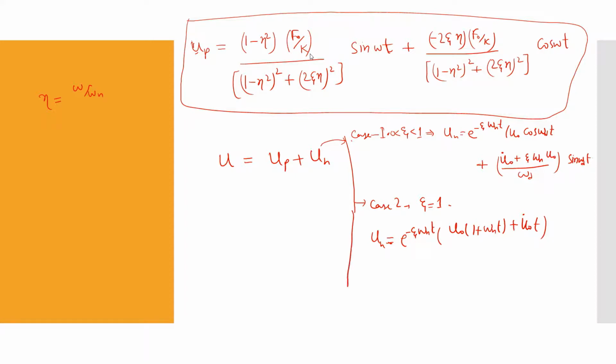And the third case, case 3, would be xi greater than 1, that is the overdamped case, and we have u of h equal to e to the power minus xi omega n t, u naught cos hyperbolic omega star t plus u naught dot plus xi omega n u naught upon omega star into sine hyperbolic omega star t.